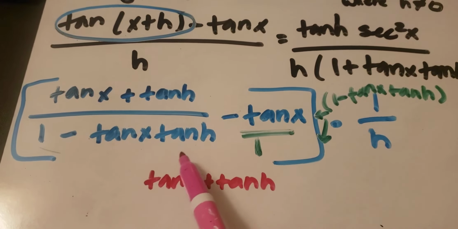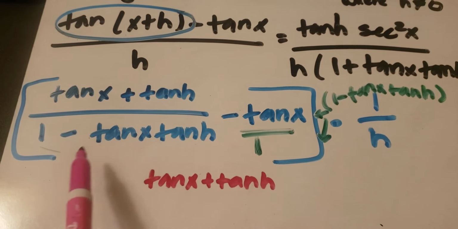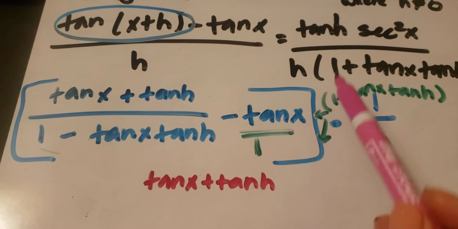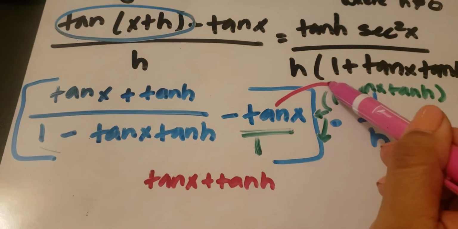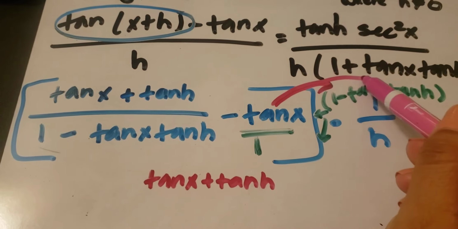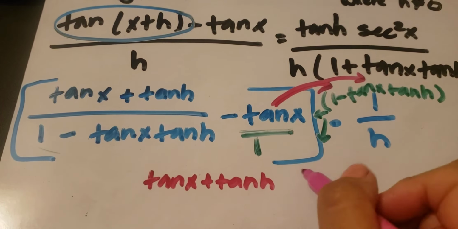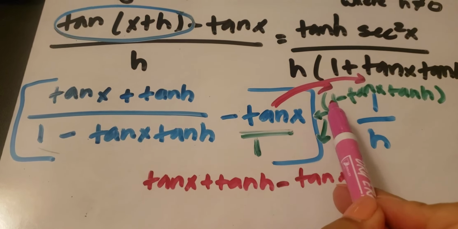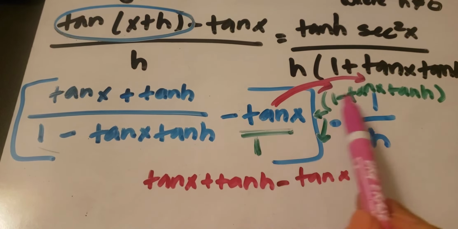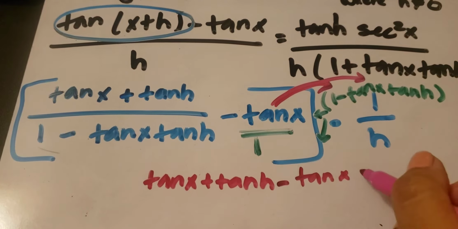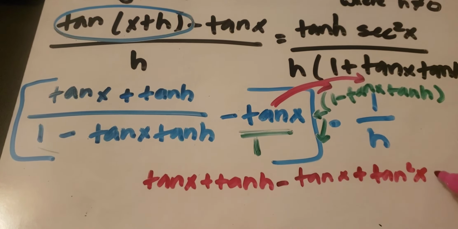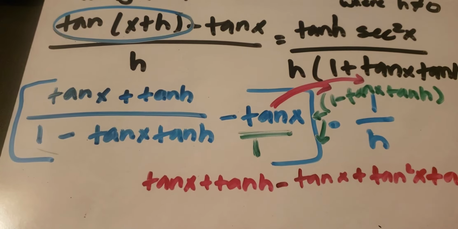Since I'm multiplying this to the numerator and the denominator, and I have all of this in parentheses, I'm going to kill two birds with one stone and also distribute. So now I have minus tangent of x, because that's tangent of x times 1, and then a negative times a negative is a positive, so plus tangent squared of x times tangent of h.